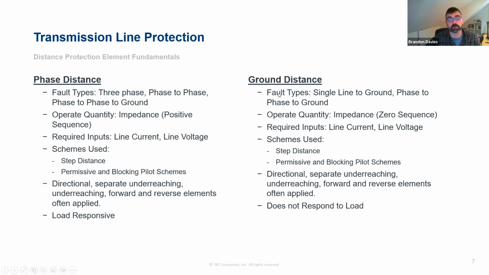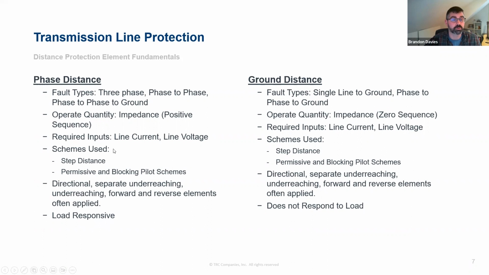Similar to what I was talking about the ground overcurrent element not responding to load, your ground distance elements won't as well, because your measured apparent impedance at the relay is not going to respond to those load currents where you don't have a large zero sequence component of normal load in a non-fault scenario. Your phase distance elements will be load responsive.